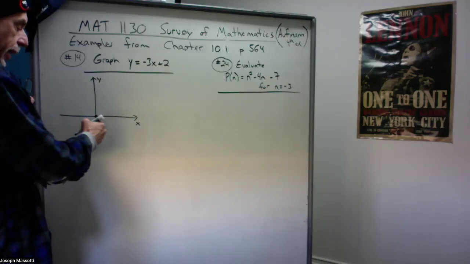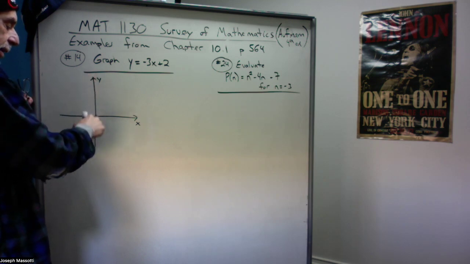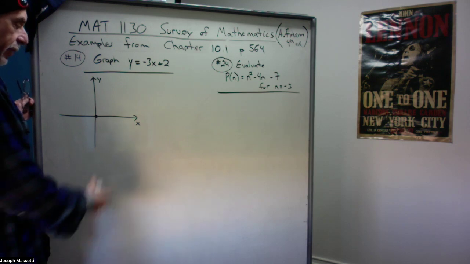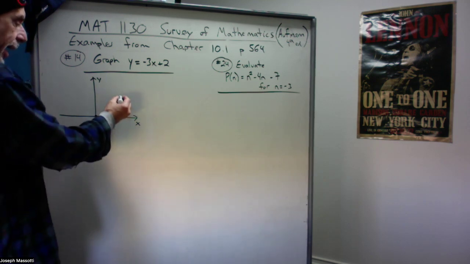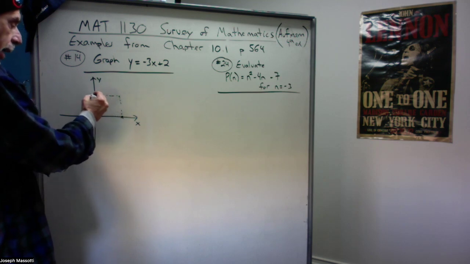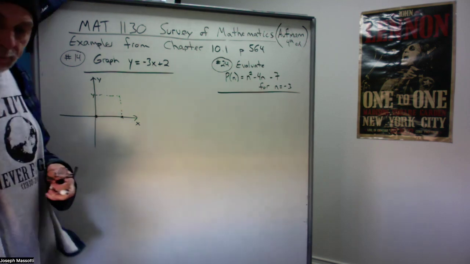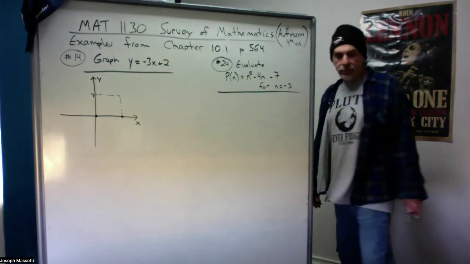Positive x's to the right, negative x's to the left, positive y's up, negative y's down. This point is 0, 0. Every point on this system has an x value and a y value. And that's how we graph points. That's how we graph equations.